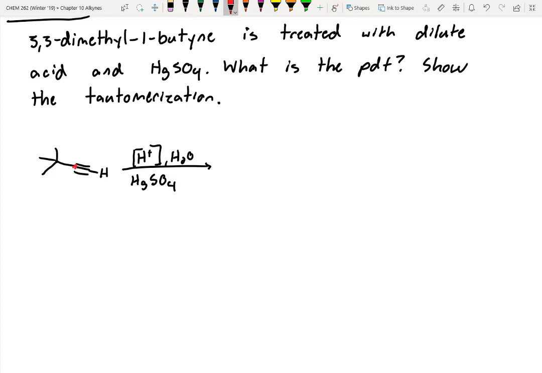If you remember, I like color coding, so we've got this red carbon, we've got the green carbon. Which side's going to get hydrated preferentially? The red one? Okay, so now we've got our enol. All right, we still have acid floating around.